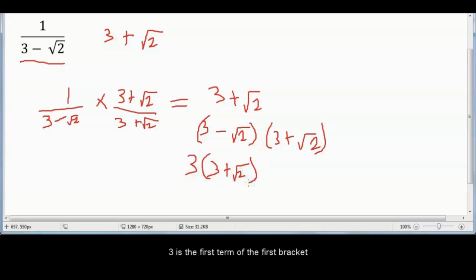3 is the first term of the first bracket. You also multiply the second term of the first bracket by each term inside the second bracket. The second term of the first bracket is minus root 2. So we have minus root 2 by 3 plus root 2.